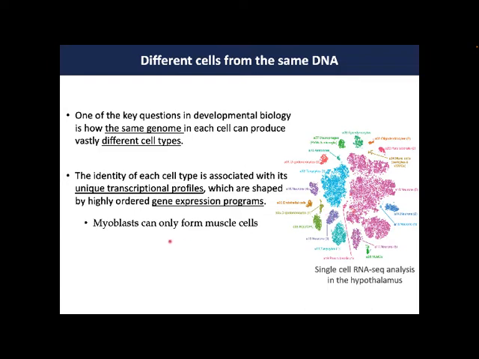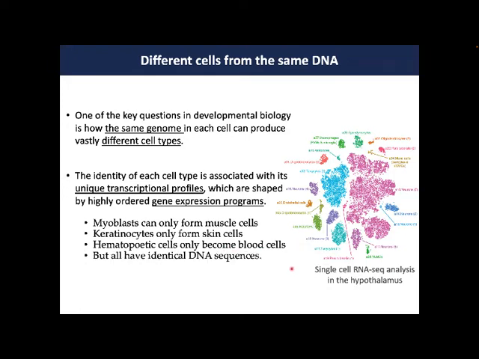That's the actual question. Myoblasts only form muscle cells, keratinocytes only form skin cells, and hematopoietic cells only become blood cells. But all those cells have identical DNA sequences. So how can we explain this phenomenon?